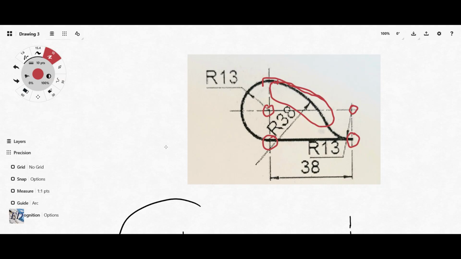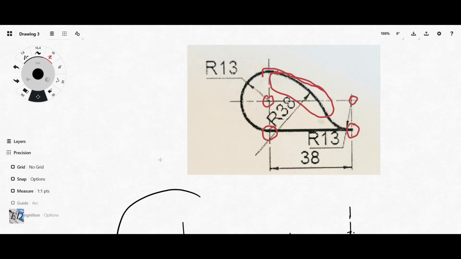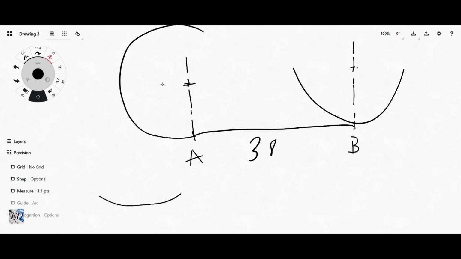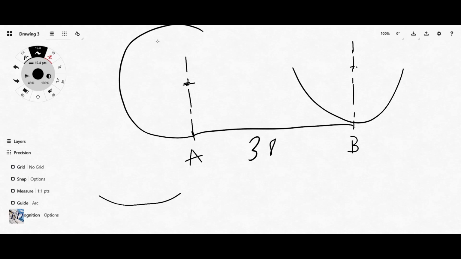So you subtract that, and that should give us 25 millimeters, right? I hope I got that correct. So here you come to point A, because that is the relation between the arc at point A and the third arc.